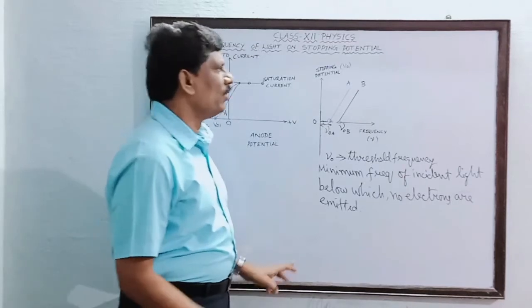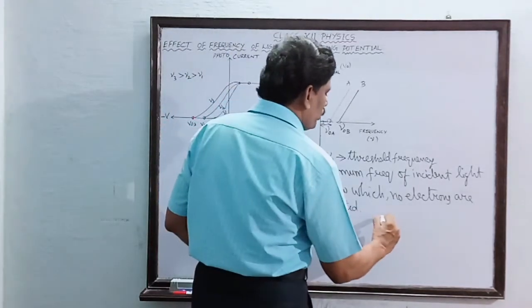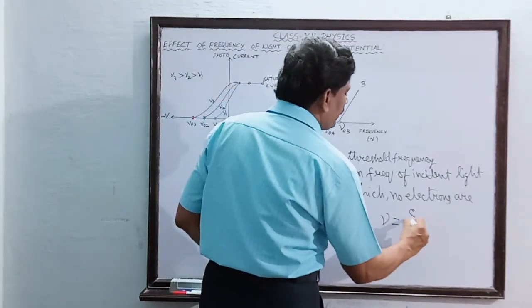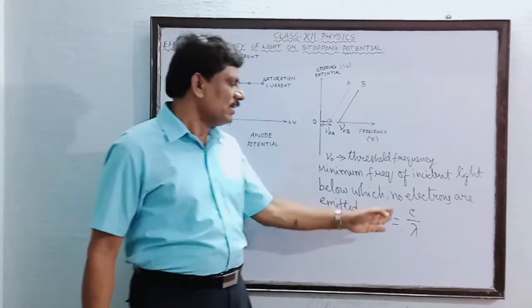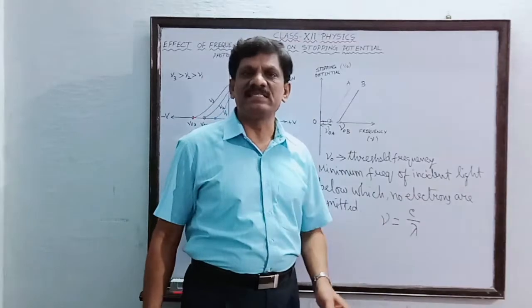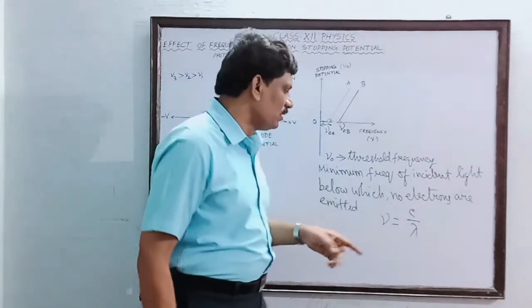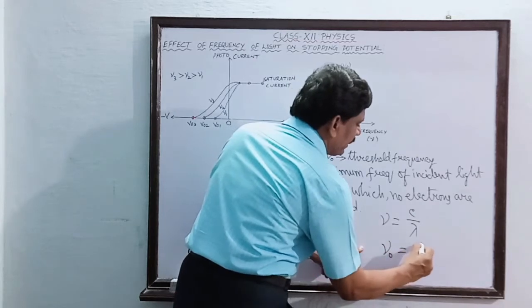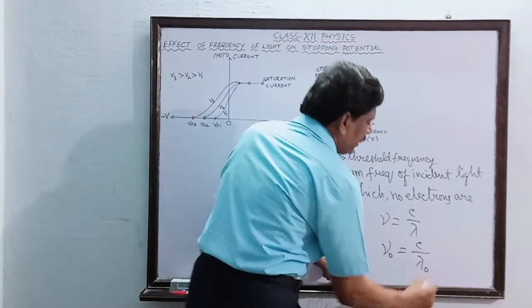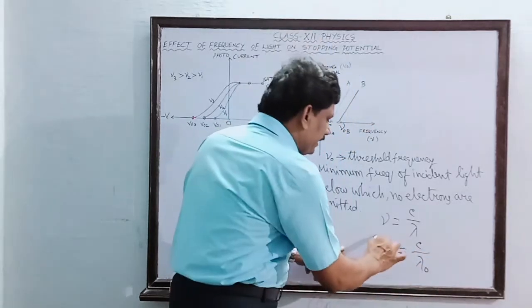Okay, so now we have studied that nu equal to c by lambda in general. This is the equation relating the frequency, wavelength and the velocity of light. Is it not? So corresponding to threshold frequency nu naught, it can be written as c divided by lambda naught. Why am I writing this equation?